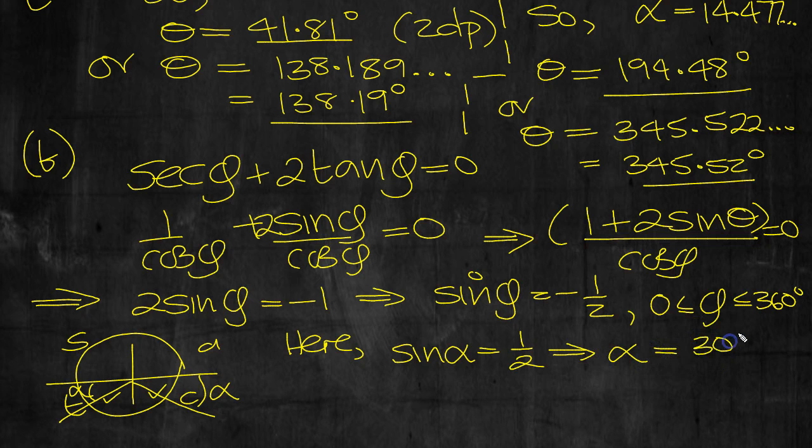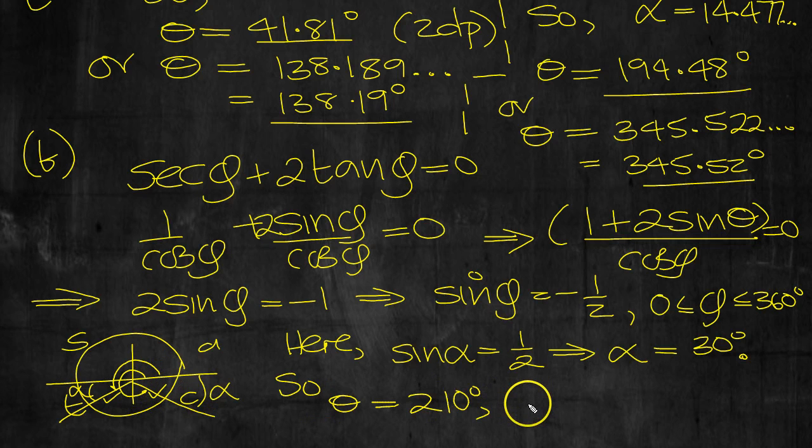It's got to be 30 degrees. Sine of 30 is 1/2. Okay. So phi then, let's go around to here. 180 plus 30 is 210 degrees. Or right around to here, which is 360 minus 30, which is 330 degrees. And this would be phi.